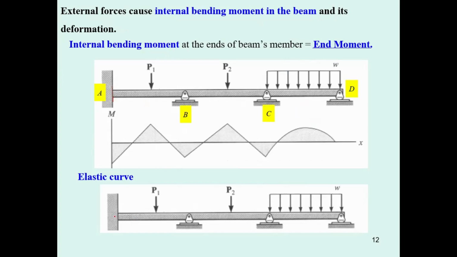When we say this is a fixed support, theta sub A is 0 and v sub Ay is 0, if we don't consider the axial deformation. Negative moment is concave downward, positive moment is concave upward. So it's going to be concave downward, concave upward, concave downward, and then concave upward.